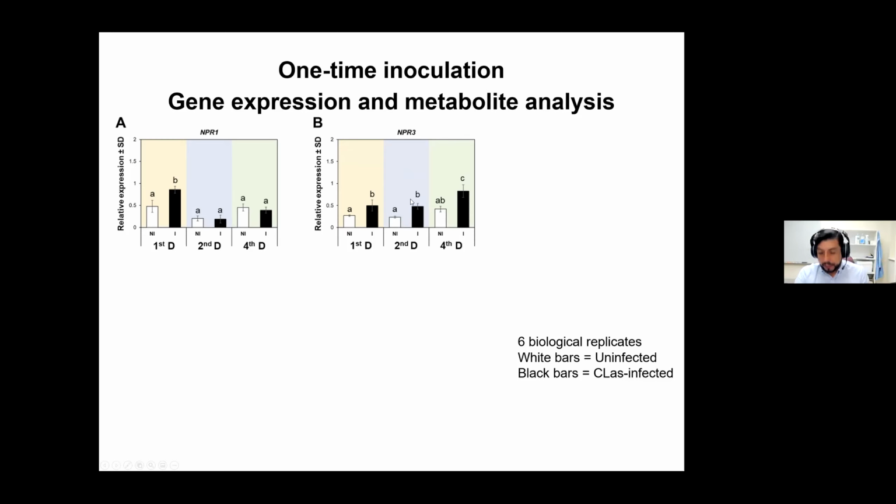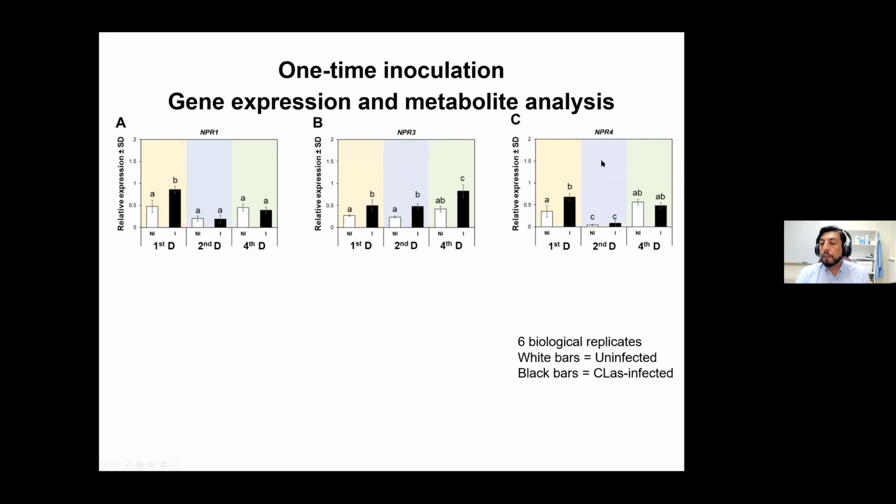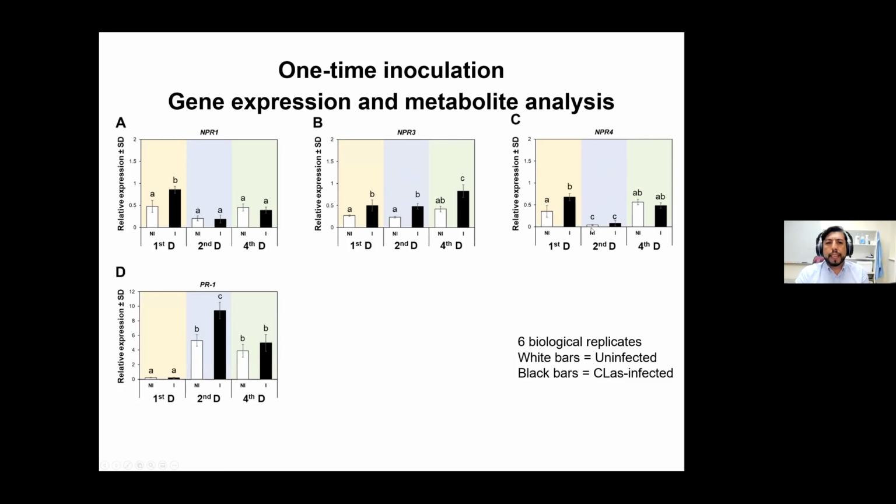In the case of NPR3, this is what happened with NPR4, with a huge reduction of the expression at the second time. And that reduction in the expression of NPR4 was associated with a high expression of PR1 in those samples. It was really interesting. If it is the real negative regulator, without the negative regulator there is a higher expression of PR1.